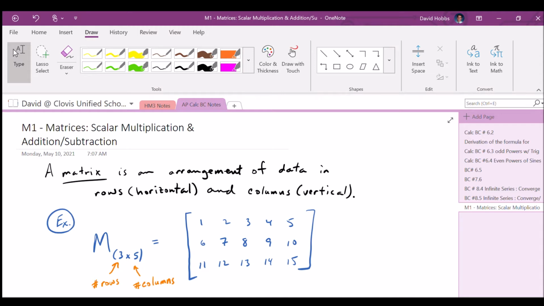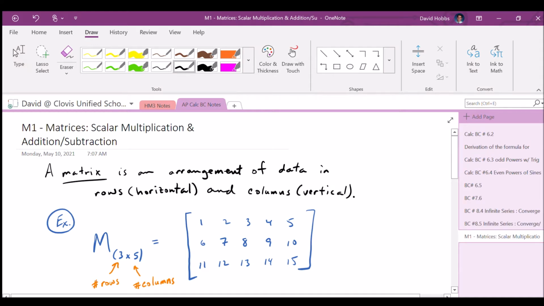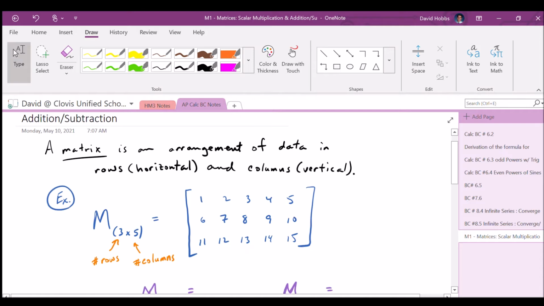So a matrix is an arrangement of data. It's listed in rows, which are horizontal, and columns. In this example, it's a 3 by 5 matrix because it has 3 horizontal rows and 1, 2, 3, 4, 5 columns. When you list it, you will always list it rows by columns.